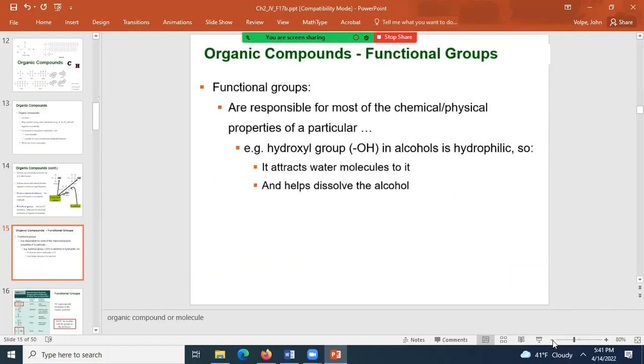Functional groups are what are responsible for most of the chemical and physical properties of particular organic compounds or organic molecules. I mentioned OH being a hydroxyl group in alcohol gives the alcohol its properties, such as its hydrophilic properties, why it will dissolve in water. So OH attracts water molecules to it and helps alcohol dissolve in water.